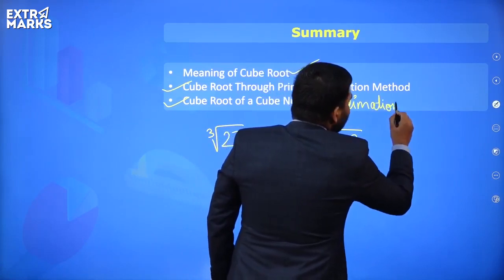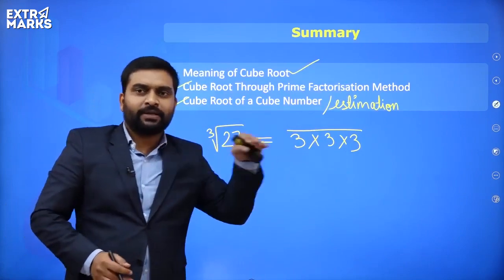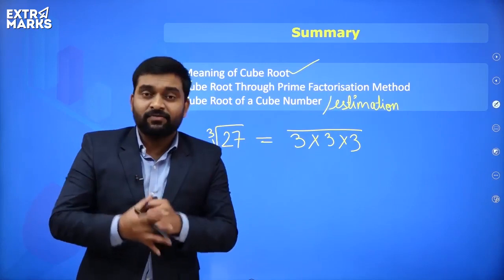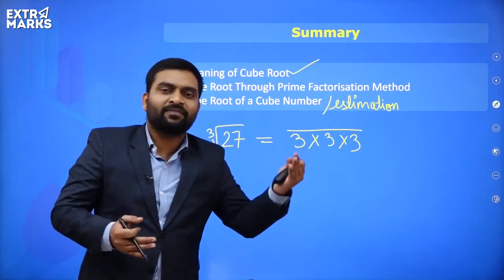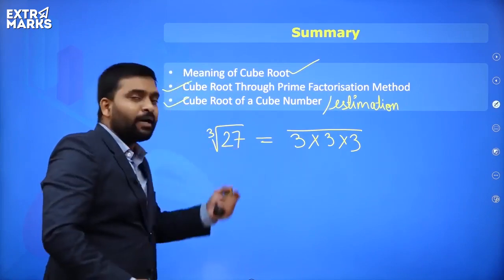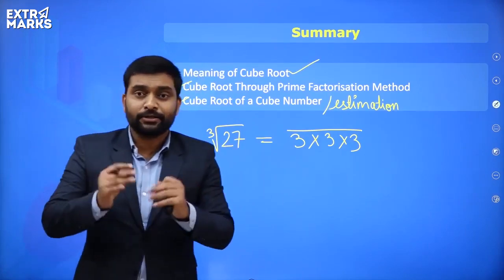Where we divide the number, taking 3 digits from the right, and do the grouping. Then we see the last digit. If it is 5, we all know the number ending with 5 has a cube root also ending with 5. Then we'll see the number where it lies. So I hope these 3 points are clear to everyone.